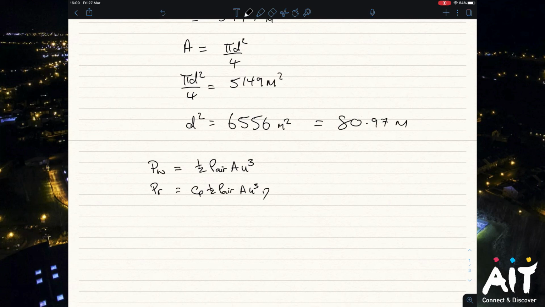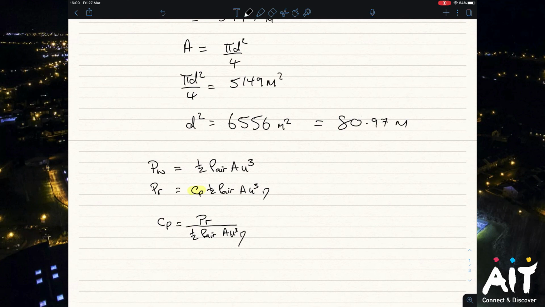If we wanted to find Cp, for example, then Cp is equal to the rated power divided by a half times the density of air times the area times the velocity of the wind cubed times the efficiency.